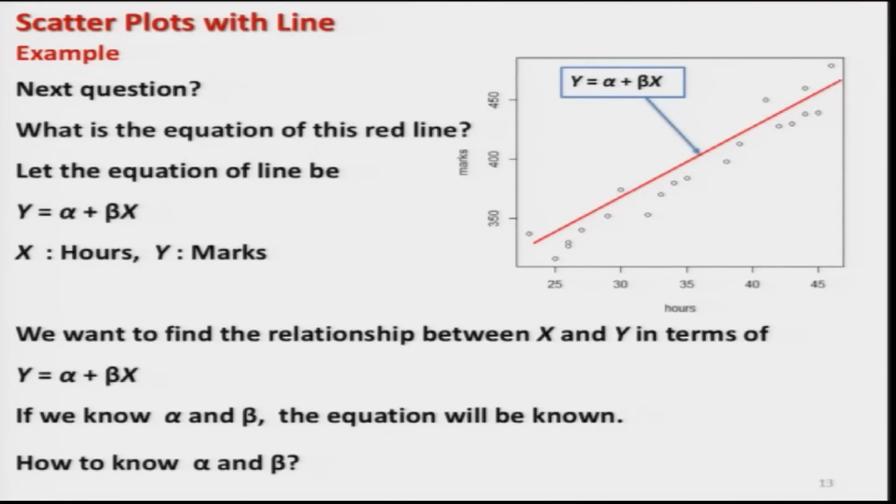So, you can see here in the same scatter plot, these points, these small circles, denote the data points.